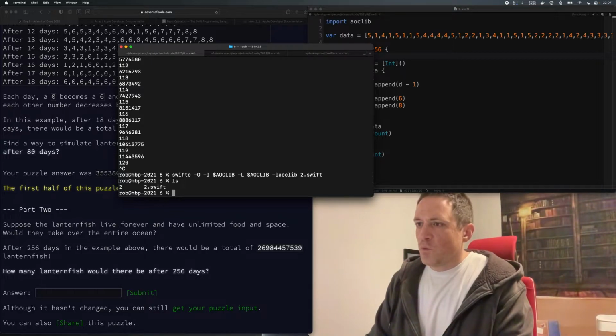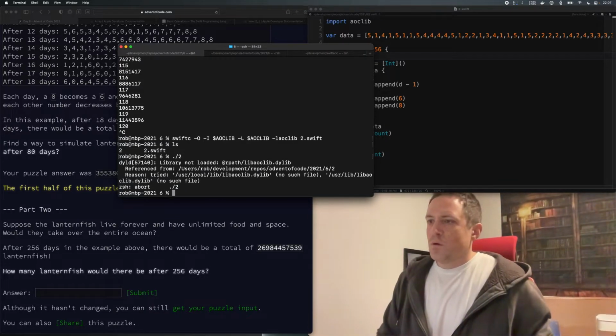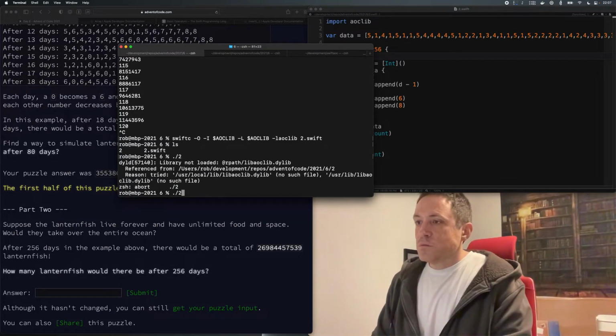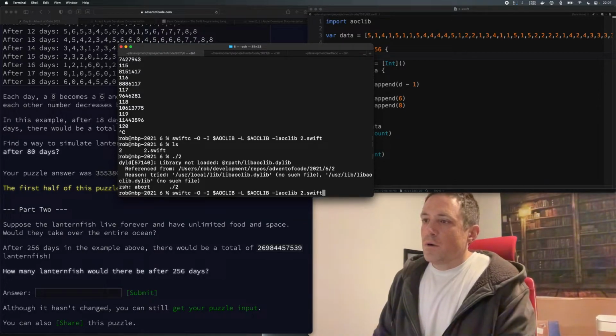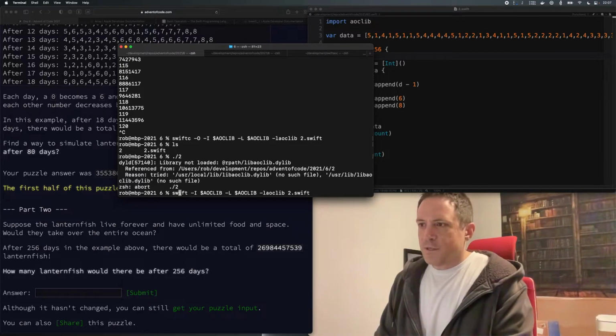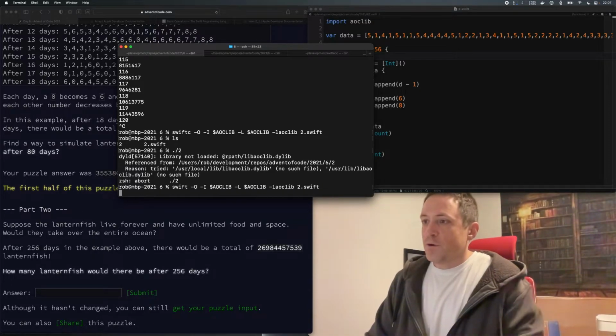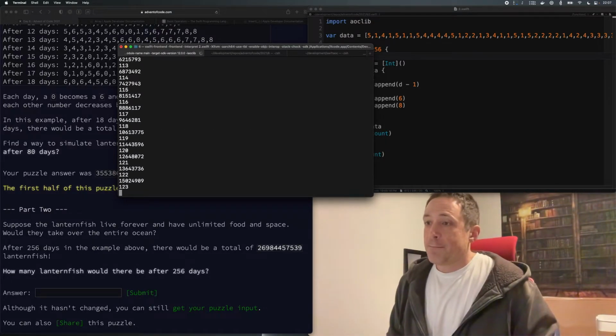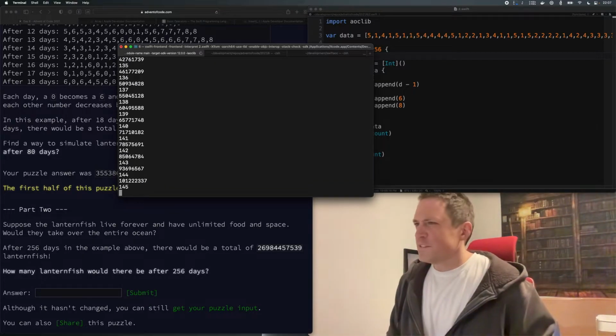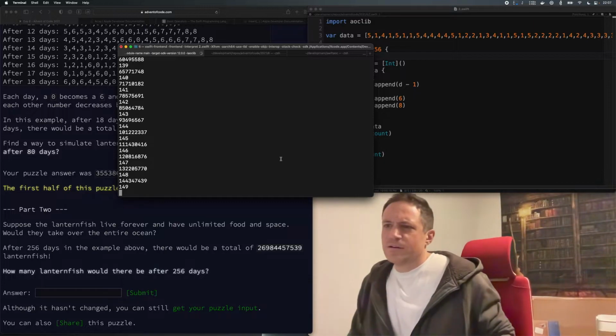Oh, can we pass the -O flag to Swift? I don't know. That's definitely substantially faster, isn't it?